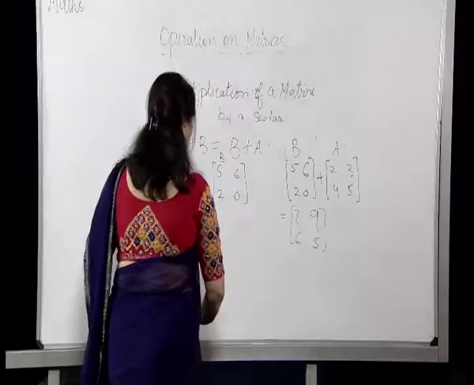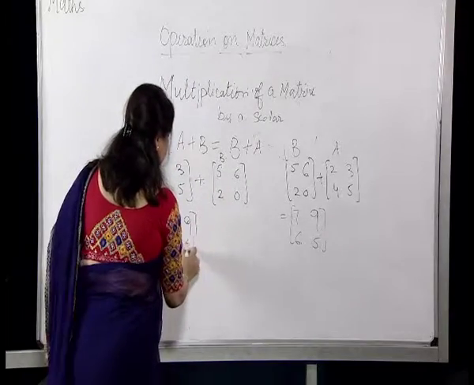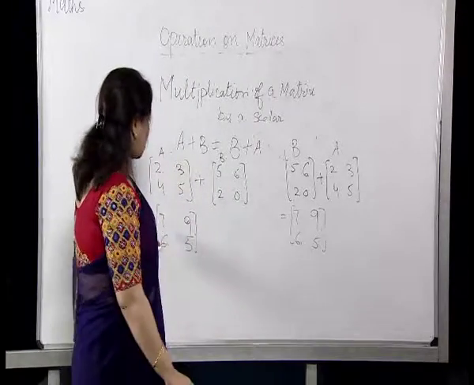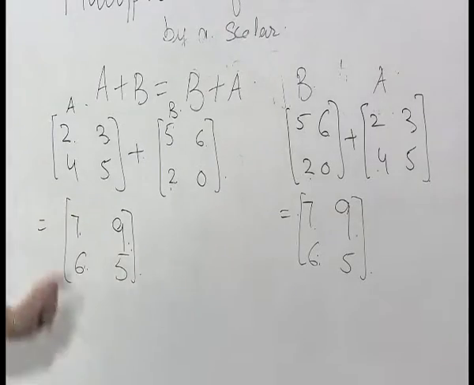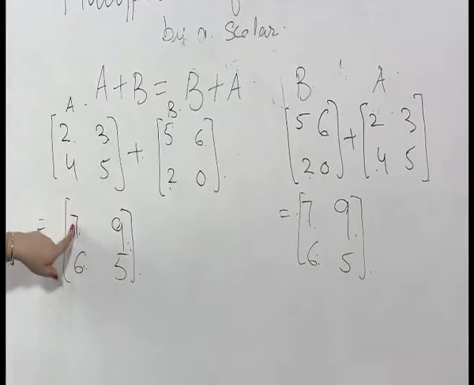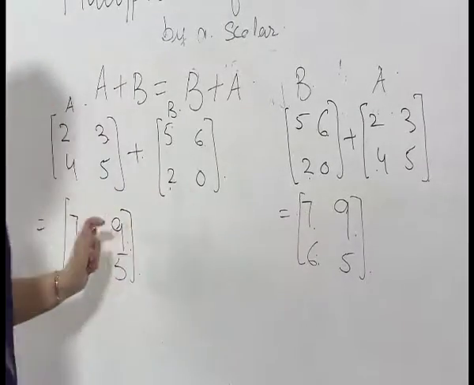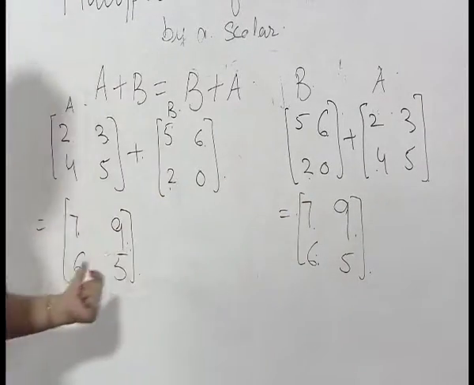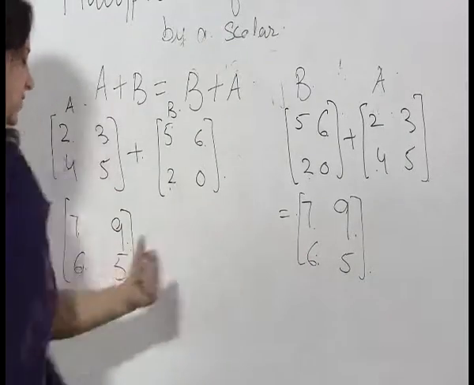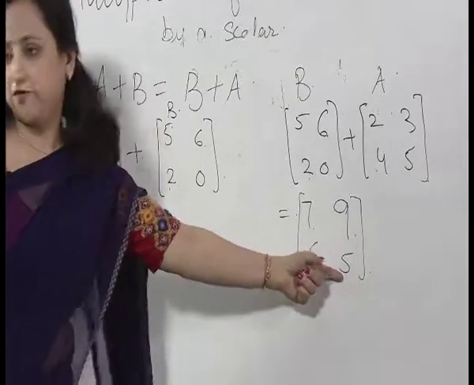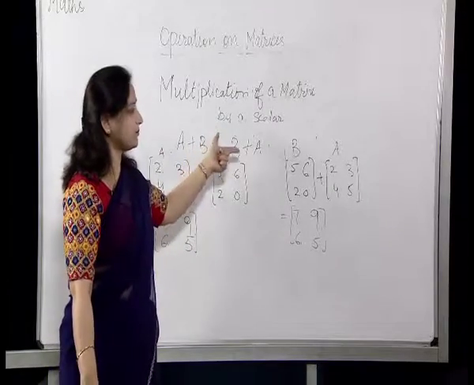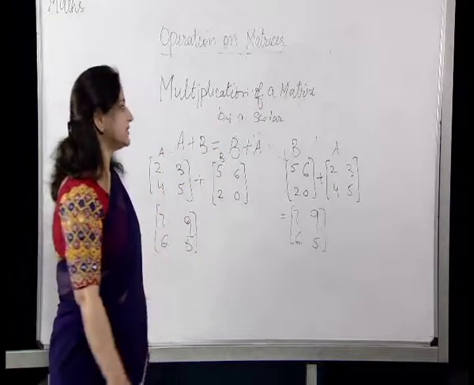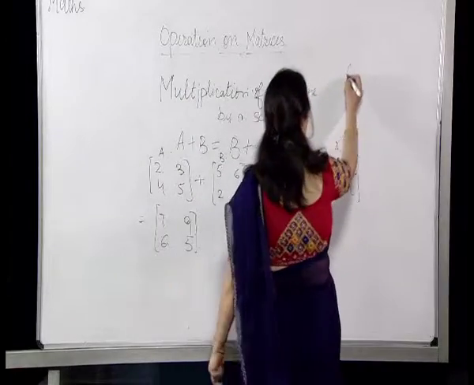I have written wrong above, 5 plus 0 is 5. So, now you can check, is A plus B equal to B plus A? You can check every element: 7, 7, 9, 9, 6, 6, 5 and 5. So, you can see A plus B equals B plus A, that means the commutative property holds.